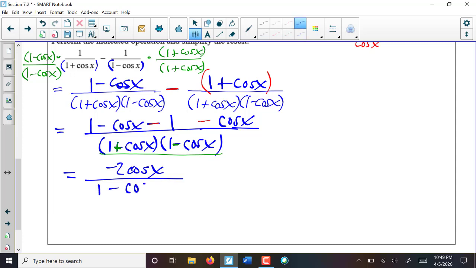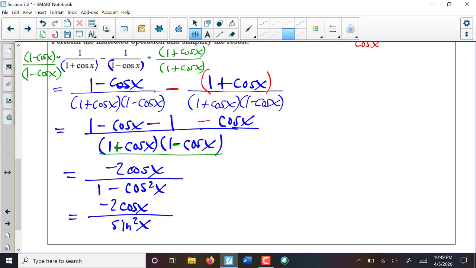So it's 1 minus cosine squared x, which is a rearranged Pythagorean identity, which is equivalent to sine squared x. That's one of our most popular, 1 minus cosine squared or 1 minus sine squared.